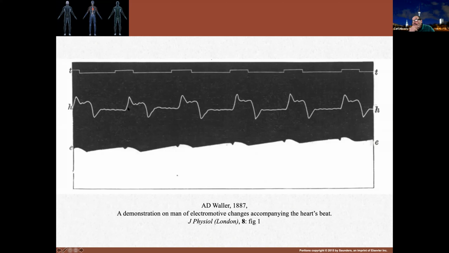One presumes, though one can't be sure because I actually haven't seen the paper, that this probably is the equivalent of the QRS complex. And then we see this depression here, which may be a T wave. But this was a very early attempt to do it.